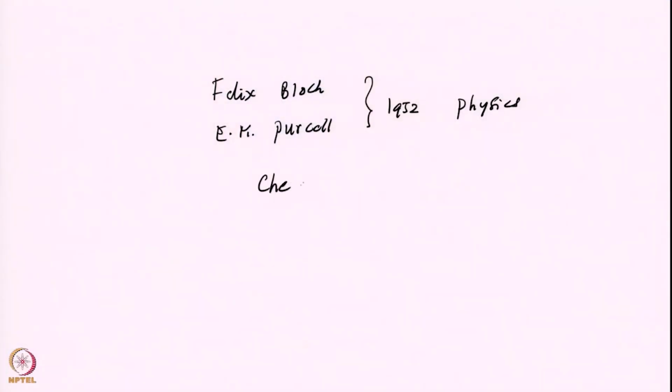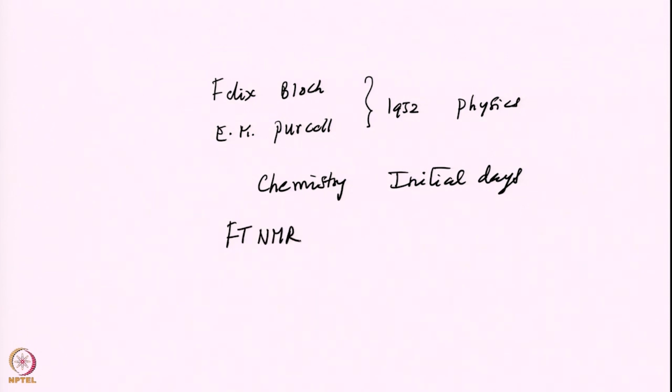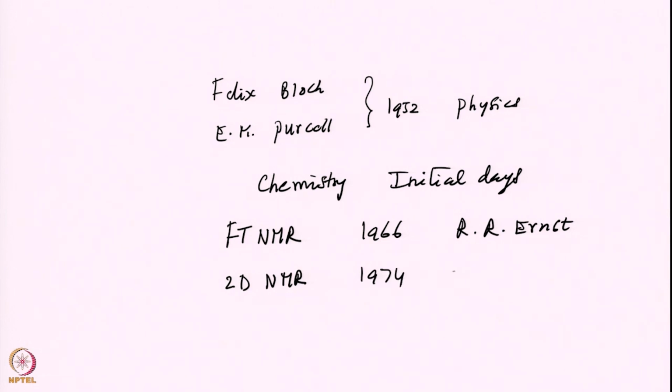In the initial days, it was mostly applications in chemistry, and with developments such as Fourier transform NMR in 1966 by Richard Ernst and Anderson, and two-dimensional NMR in 1974 by again Richard Ernst and J. Jeener, a Belgian scientist.